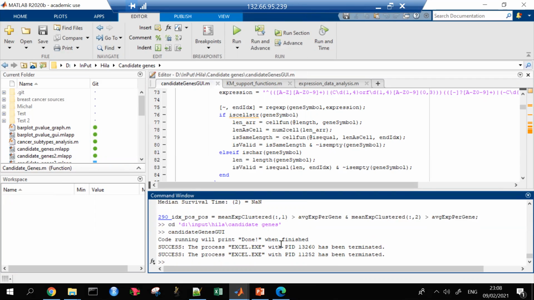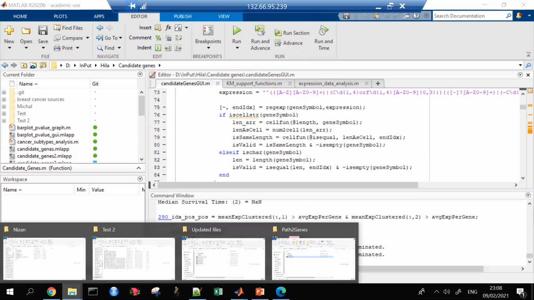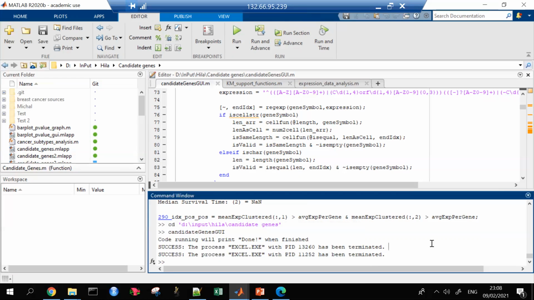The Excel files were successfully terminated. You will soon see the code outputting images.